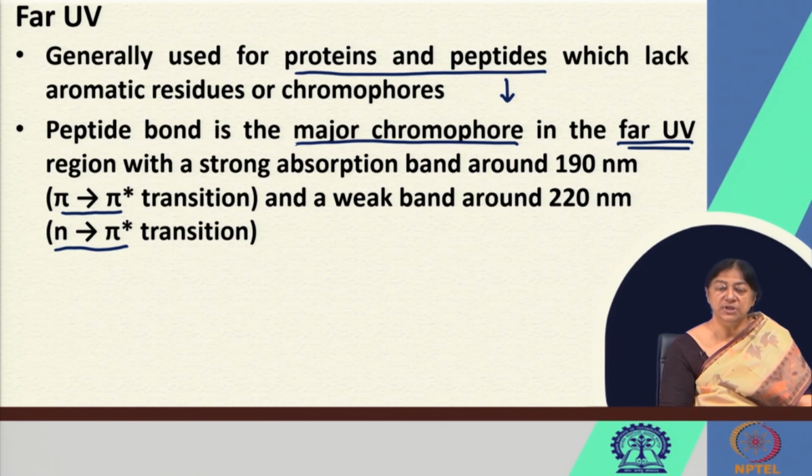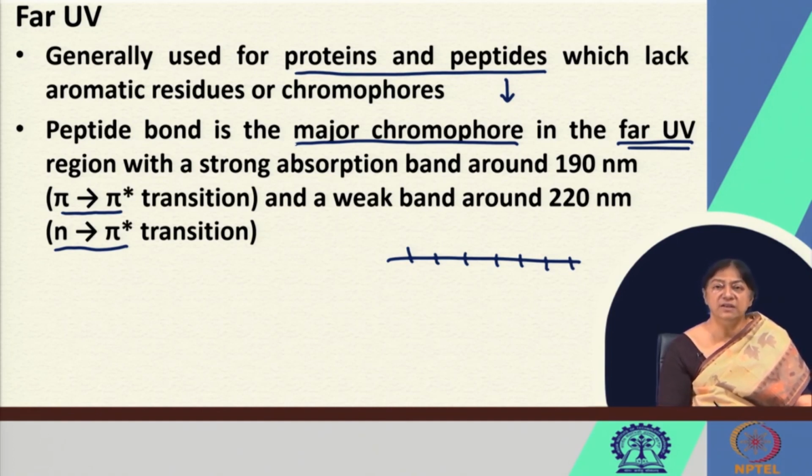In all proteins, as we will see in the next lecture when we study the formation of the peptide bond, this peptide bond is present throughout. So, the identification of the peptide bond is going to mean that with a lot of these peptide bonds present, we are going to have a large absorption band at 190 nanometer and at 220 nanometer.